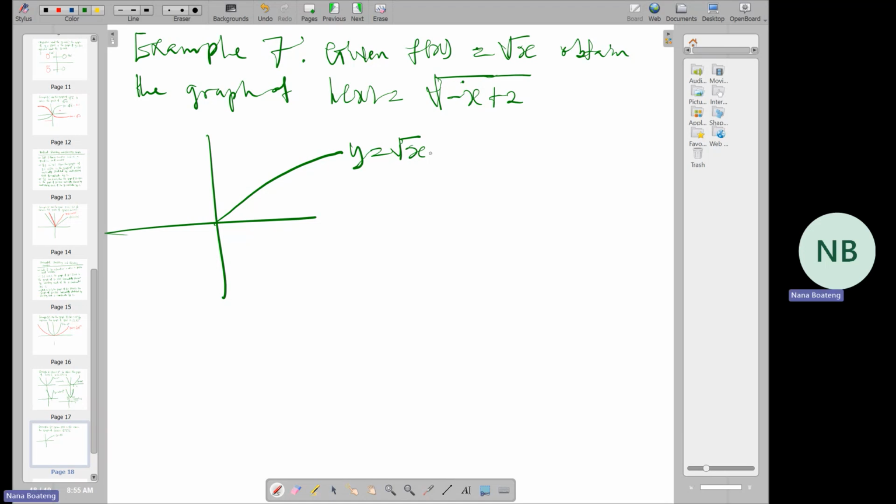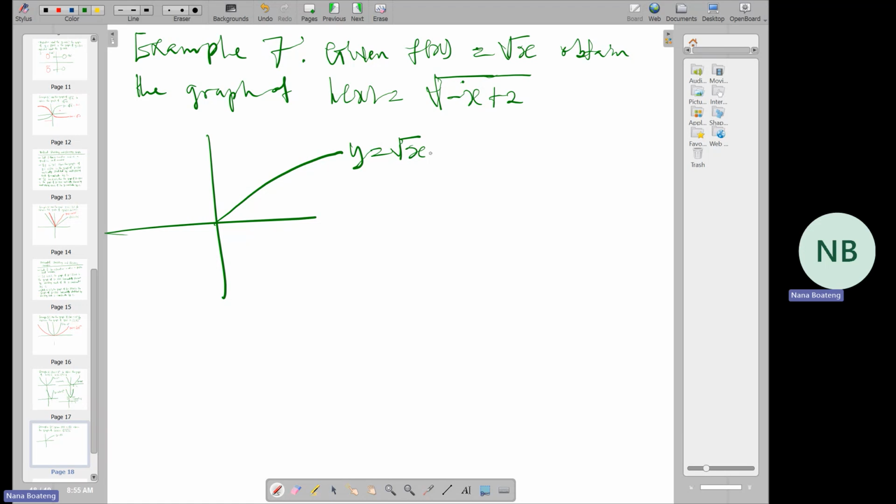And if the x becomes negative x, that's also a reflection. If the x becomes negative x, we can see that it's a reflection about the y-axis.